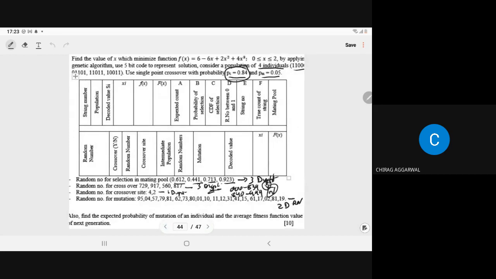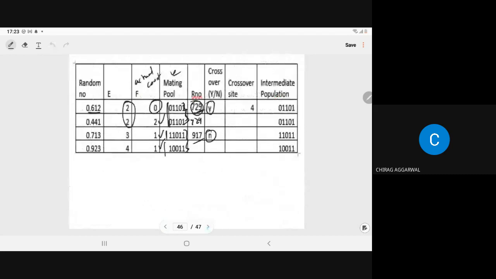The crossover site random number is given to you as 4. Always you have to use the random number from the starting. So the random number 4 you have used, it means the crossover site is 4 for this yes, and for the no, as it is.